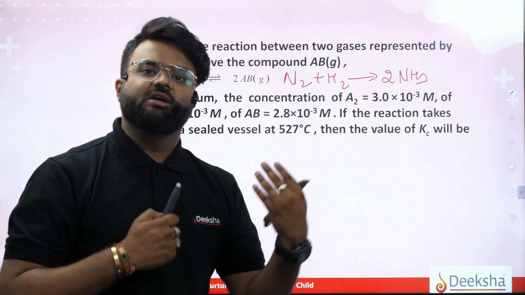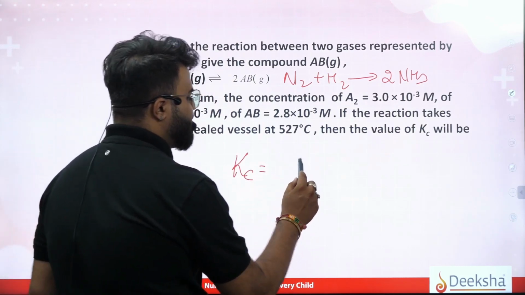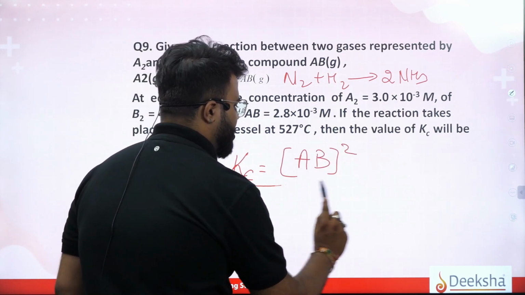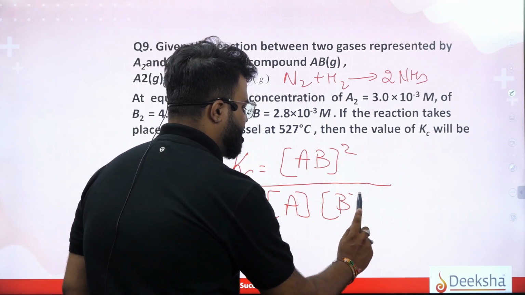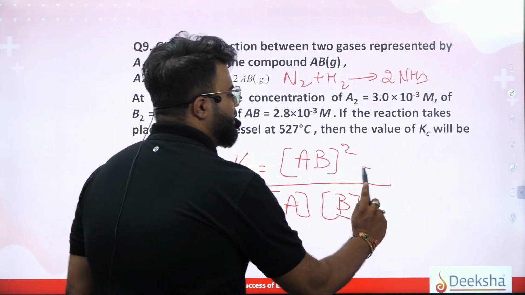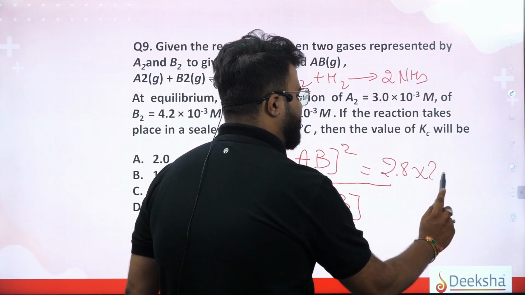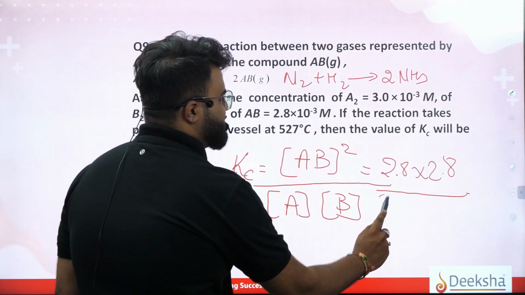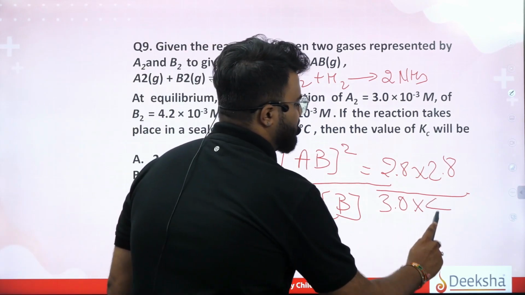We know that formula, Kc is equal to concentration of AB squared divided by concentration of A into concentration of B. Concentration of AB is 2.8 into 2.8 divided by 3.0 into 4.2.